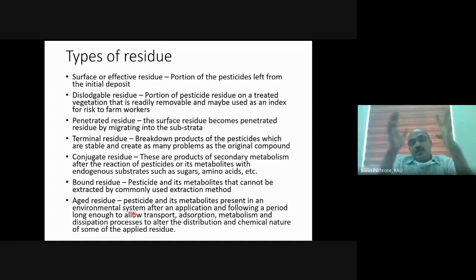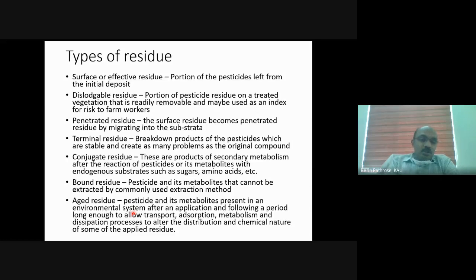So the parent compound may get degraded, but the breakdown products are as stable and as toxic as the original compound. So those residues are called terminal residue.